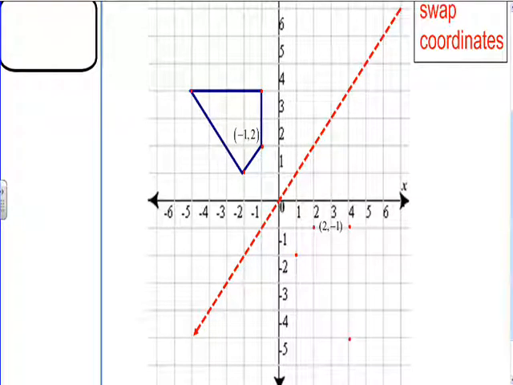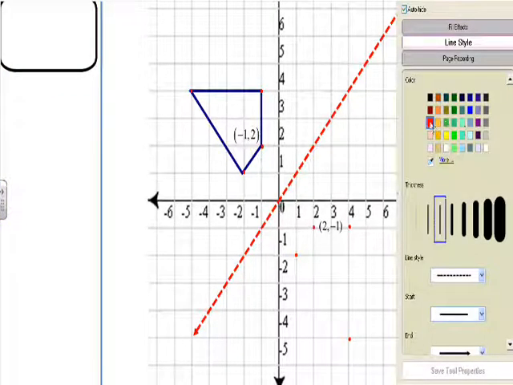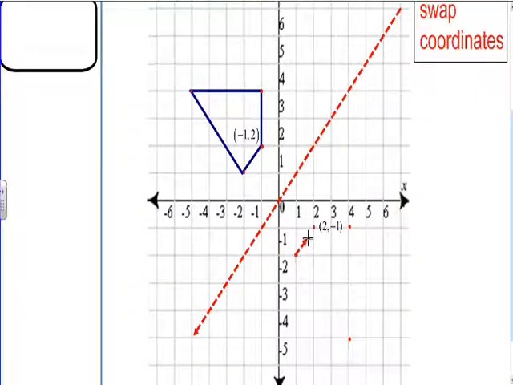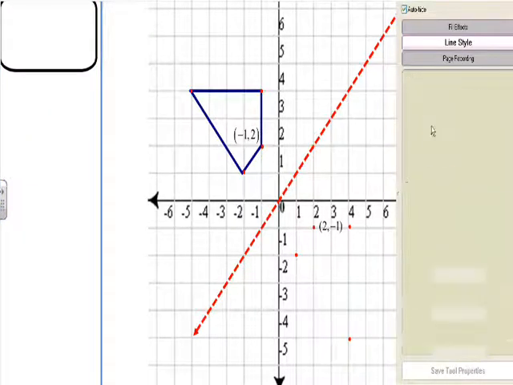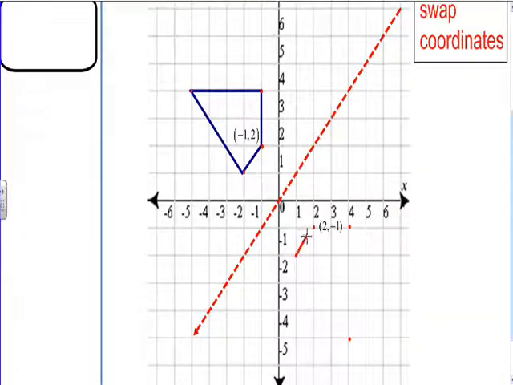And then all we would have to do is connect the sides of my figure. What you want to focus on when doing this is looking for the vertices of your figure. Once you find the vertices, plot them, and then you can connect them with the side segments, or the segments that make up the side.